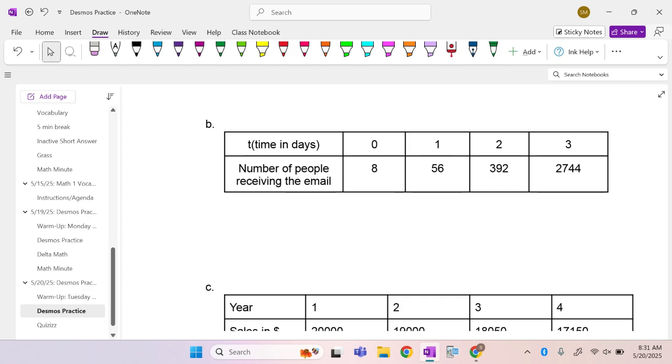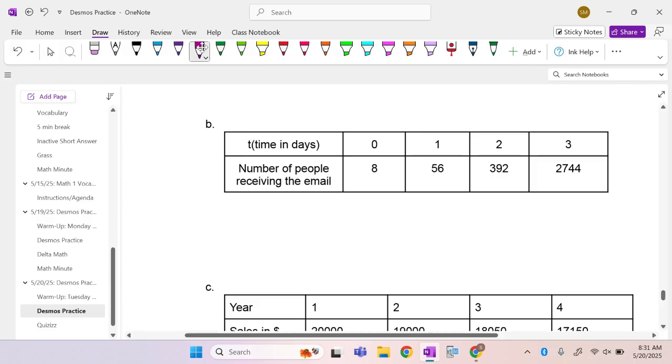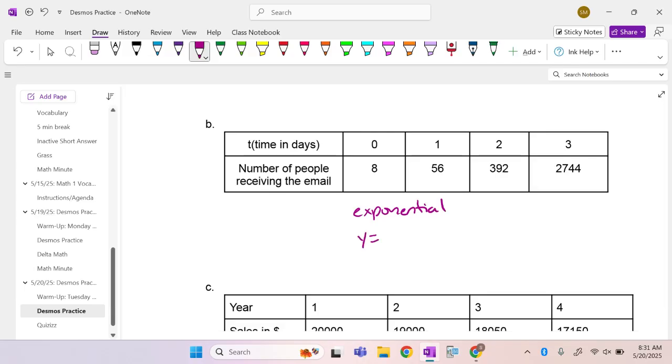First off, is it exponential, quadratic, or linear? It's exponential. What was the function that you got? Good. Raise to the x power.